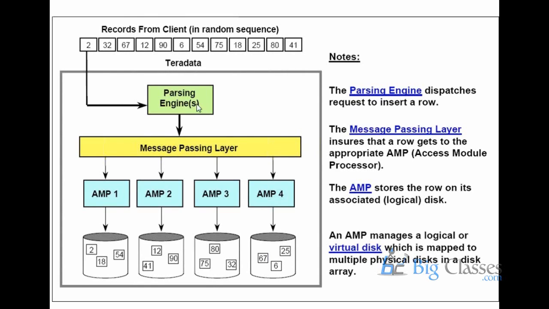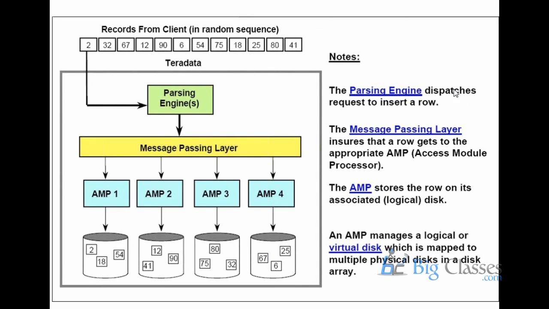Is the message layer specific only to this particular node, or can it communicate with some other node also? It can communicate with other nodes as well. For a single node, the Ethernet, the BYNET device driver software will be there. A Teradata device driver software will be sufficient to handle the communication within the node. But suppose one more node is there.